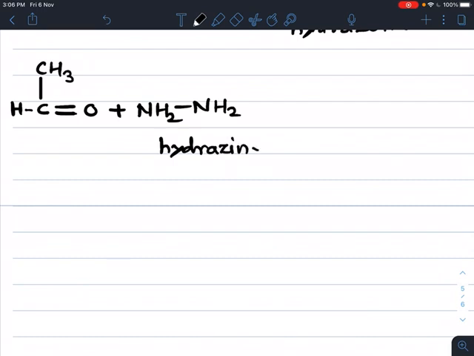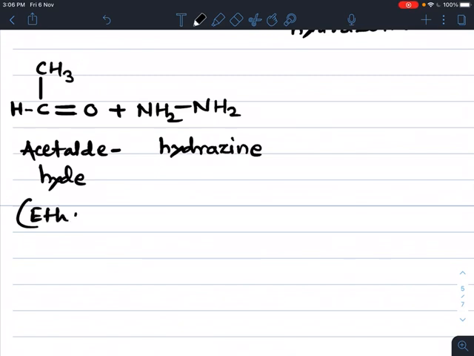Hydrazine is treated with acetaldehyde, CH3CHO; the name of this aldehyde is acetaldehyde or ethanal. So when acetaldehyde is treated with hydrazine, the formula of hydrazine is NH2NH2. This reaction takes place in weakly acidic medium. The first step is reversible, and we get its addition product.